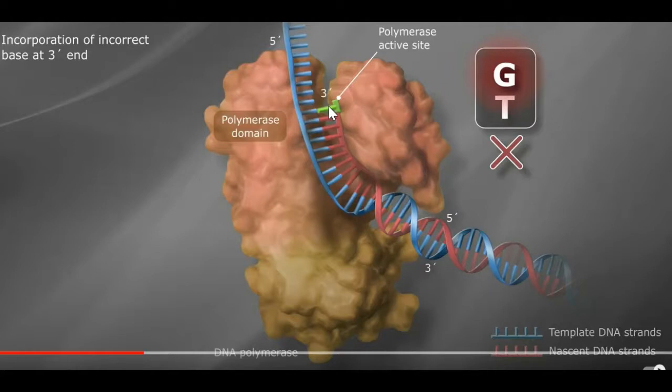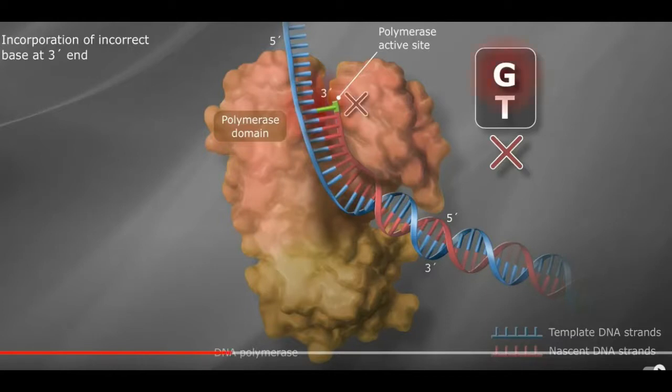So the chance of it being successfully reacted chemically to join the chain is much lower than normally. And what will tend to happen is that it will just fall out again and hopefully be replaced by a correct one, which is what's happened there. But sometimes you get this scenario where the incorrect one does get chemically bonded. As we've seen, that happens about 1 in 100,000 times.